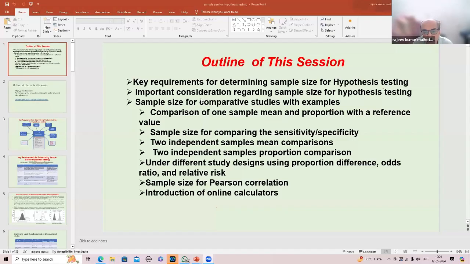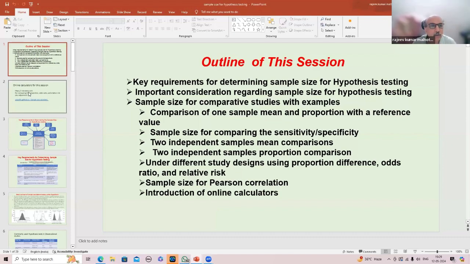Now we want to compare with some target value, one population value. We have given that our correlation should be greater than this one. So in that case, how do we calculate? Then we go for the online calculator, this Statulator, the same web calculator, for explaining how to calculate the sample size.